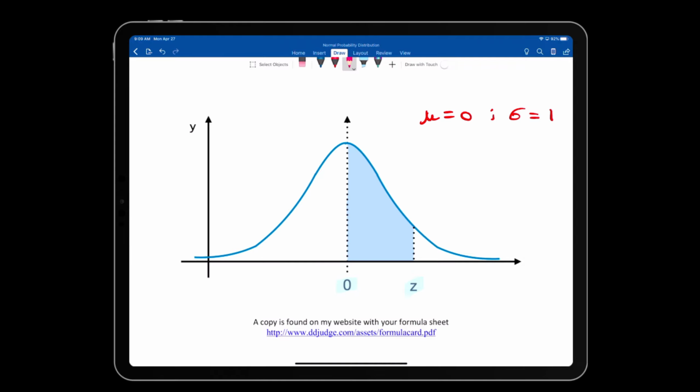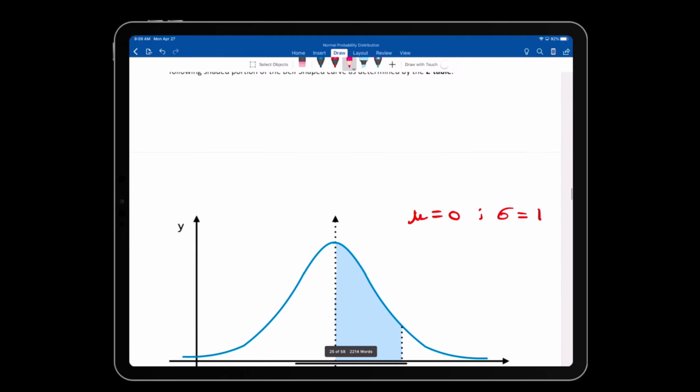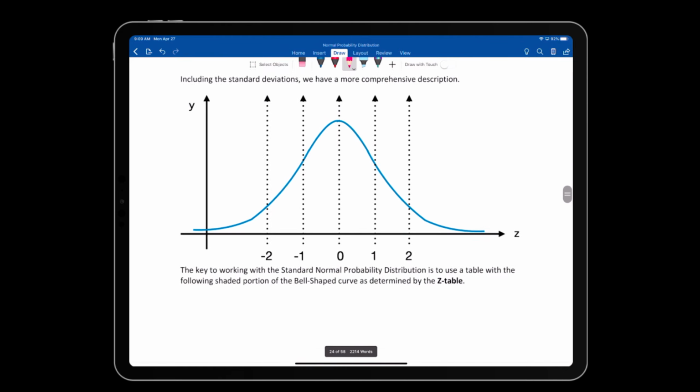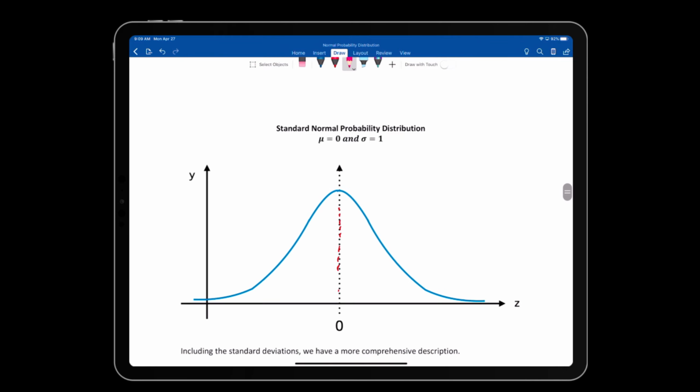So whenever you're referencing the standard normal, yes, it's represented by the letter Z. And this is what we said: mu is 0, sigma is 1, and we're going to think of this as a Z value now.